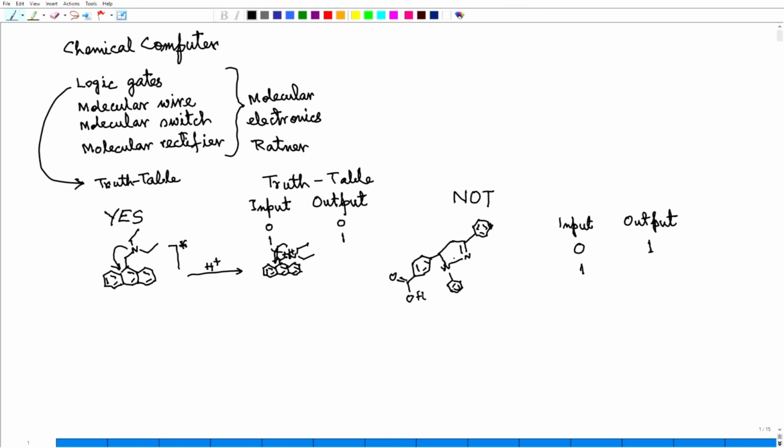Now PET is possible. Earlier PET was not possible. Why? Because O was O minus, so it will not accept any electron, because it is already minus. It will not accept more minus. But now, when I add proton, that minus is gone. So now PET will be on. So input is 1, meaning proton, and output is 0 because of PET.